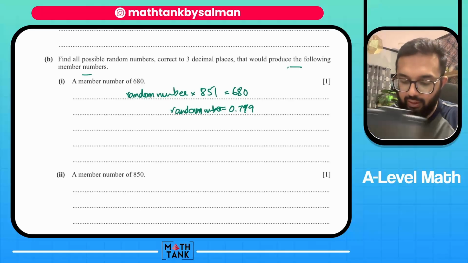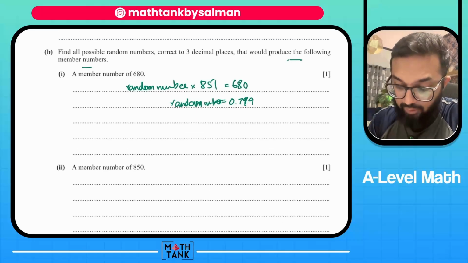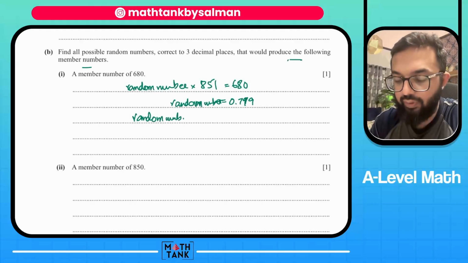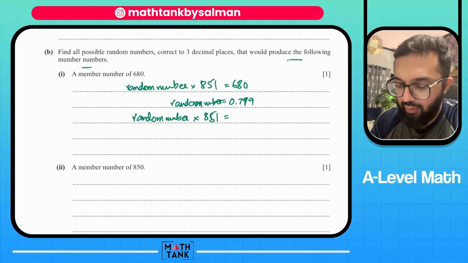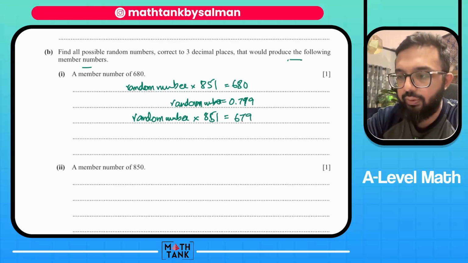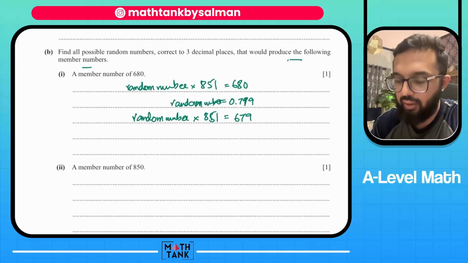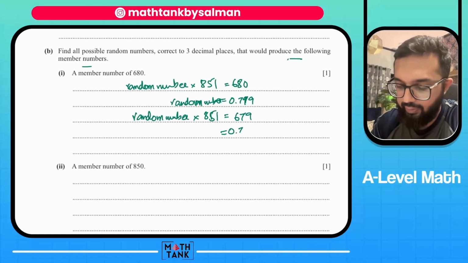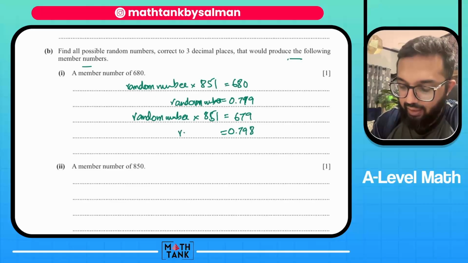Let's talk about the next one. Let's think about another random number. Why? Because I could have landed at 679 point something and I would have gotten the same answer. So 679 divided by 851 gives me 0.798 as the random number.